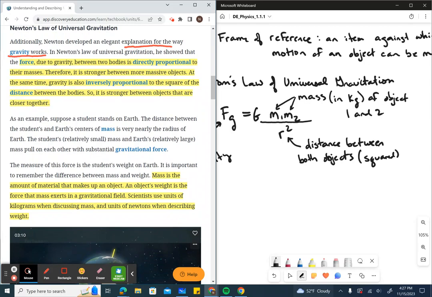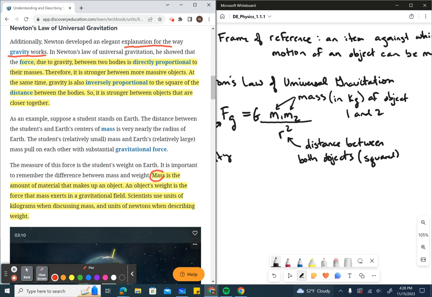And they give you some examples here, which I encourage you to read. They clarify and make sure you understand that mass is the amount of material that makes up an object. So the mass of a bowling ball on Earth does not change if I bring my bowling ball to the moon. It still has the same size and the same amount of material in it. It won't change if I go to Jupiter.